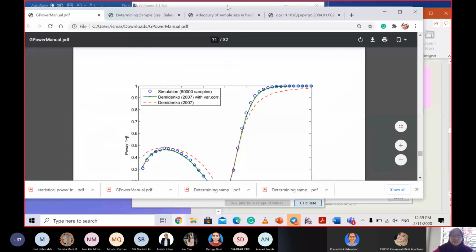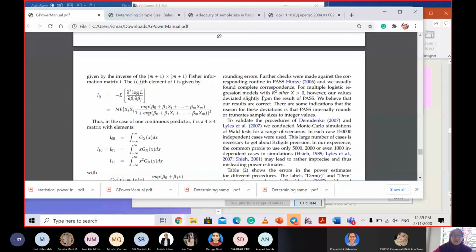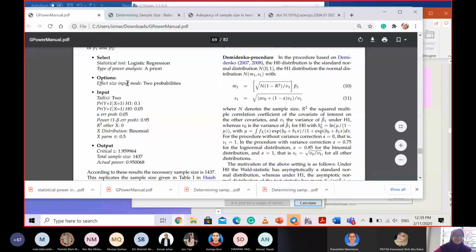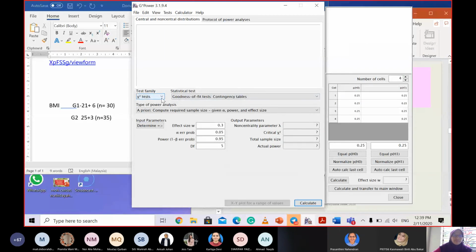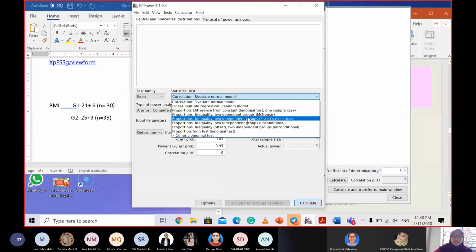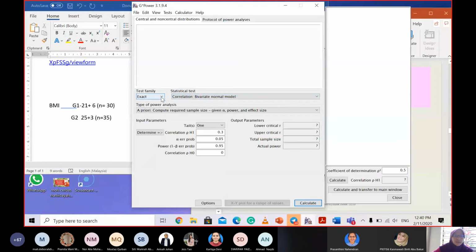Okay. I just want to look for this logistic regression. Effect size is super bad. Not from here, not from exact. Is it exact?